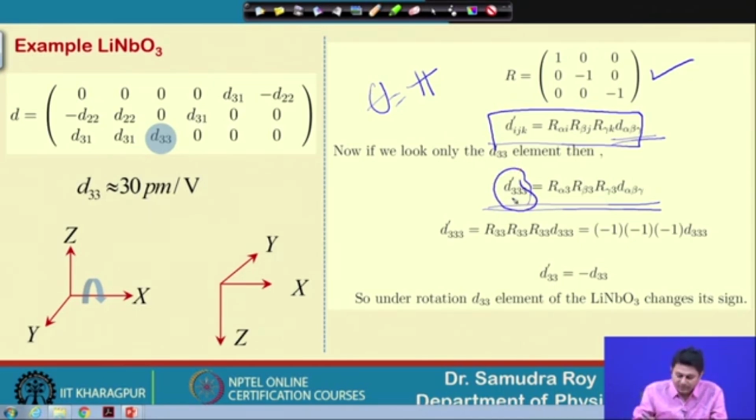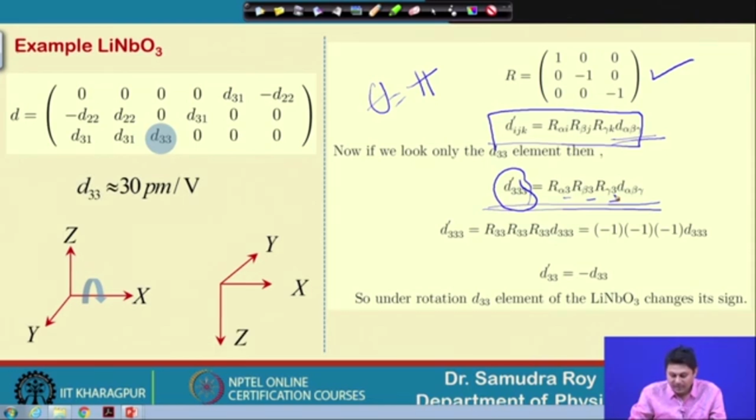So, once I put D33, I put ijk equal to 3, 3 and 3, then alpha 3, beta 3 and gamma 3, and alpha, beta, gamma should be summed over, taking the values 1, 2, 3 in all the cases. But we find that the R matrix is such that only the diagonal elements are there, and all the other elements are 0.